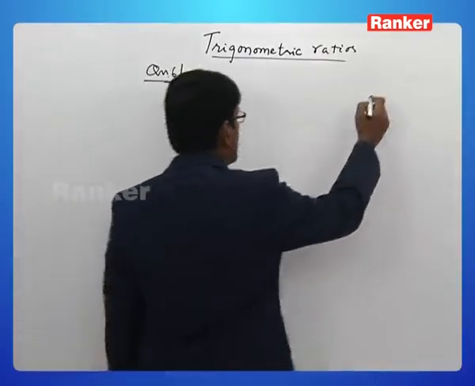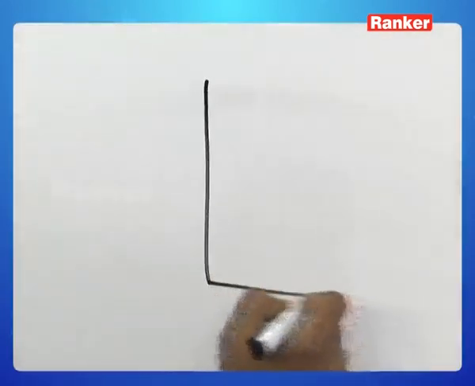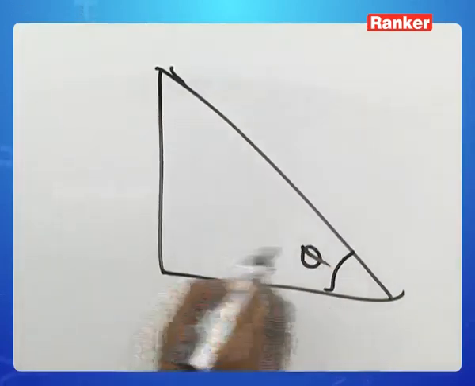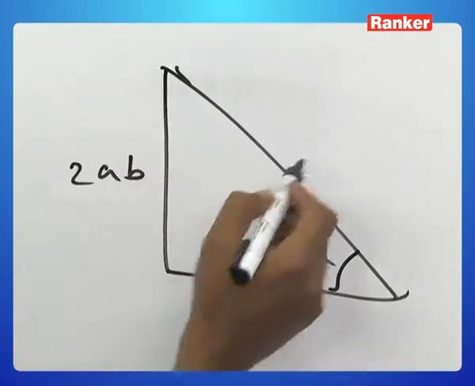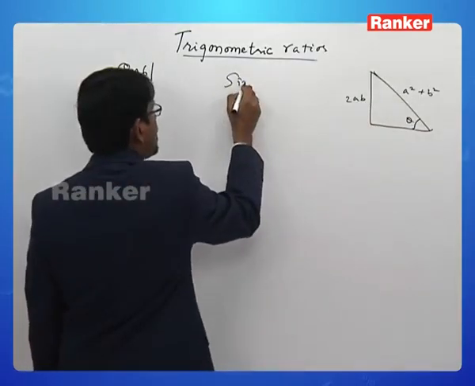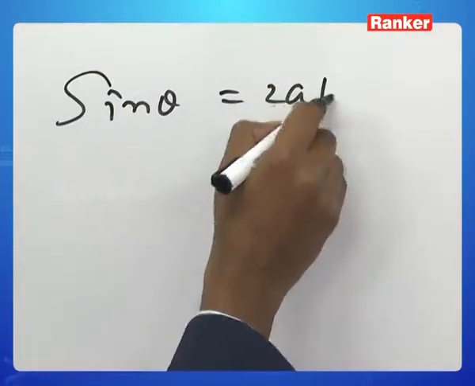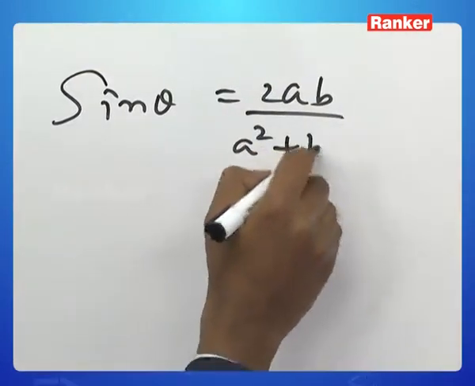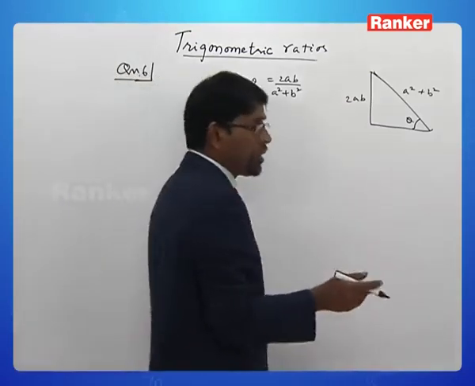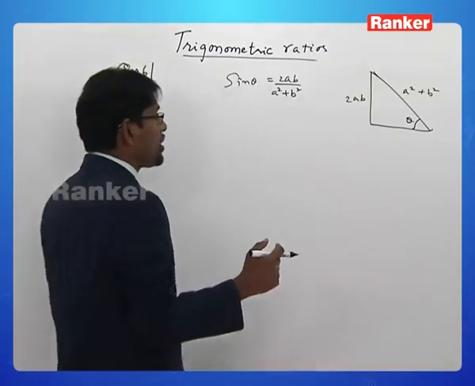Now, sin theta is opposite by hypotenuse. So, this is theta. We will write this as 2ab over a square plus b square. Let us use a right angle triangle and find out the values of secant theta and tan theta and substitute.